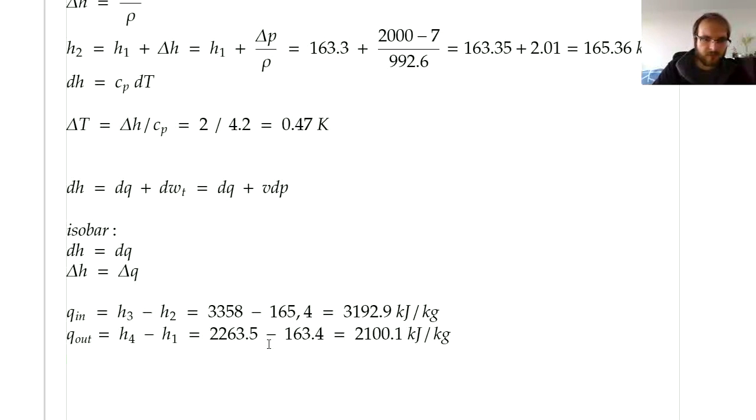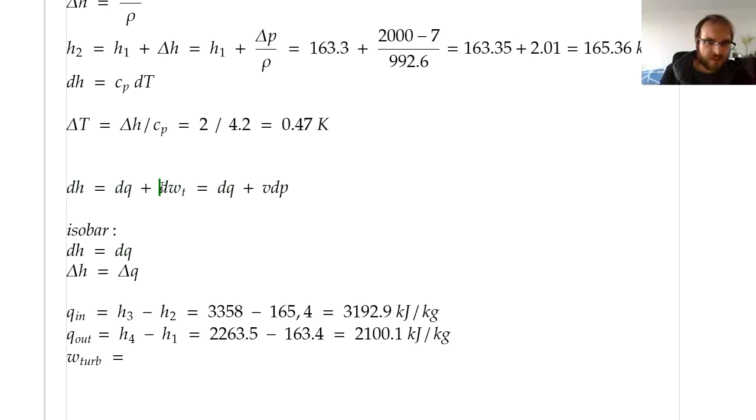Now for the work of the turbine, let's have a look again at the definition of the enthalpy, where dH is dQ plus technical work.